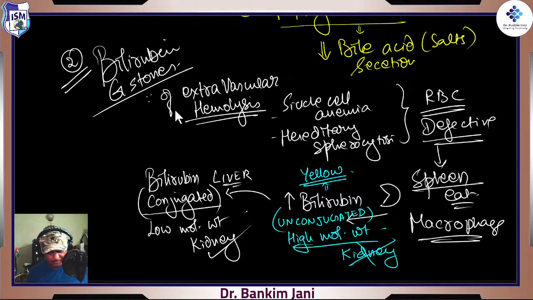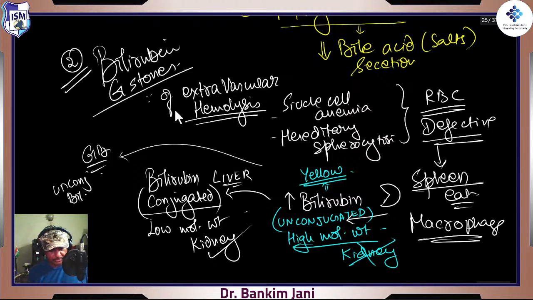But then some of it sneaks into the gallbladder. This unconjugated bilirubin goes into the gallbladder, and there it comes in contact with calcium.